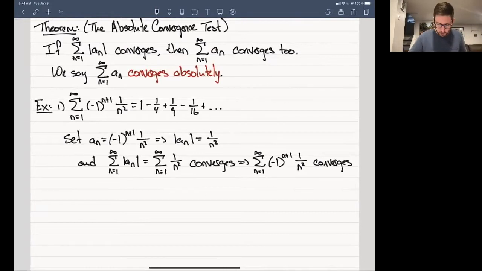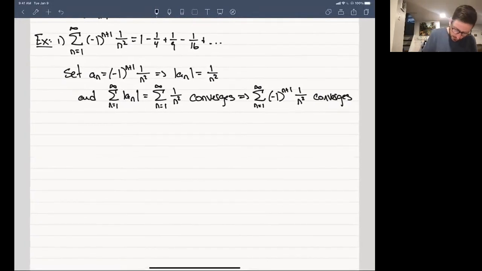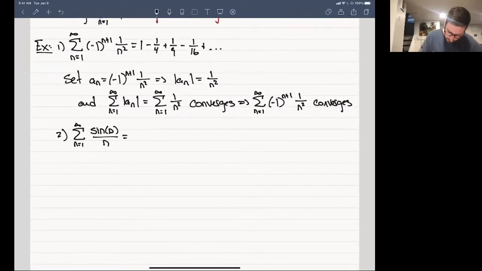Okay, let me show you another example, and this will illustrate how the comparison tests that we learned in the previous video can help us as well. So let's look at this series, n equals 1 to infinity of sine of n divided by n squared.